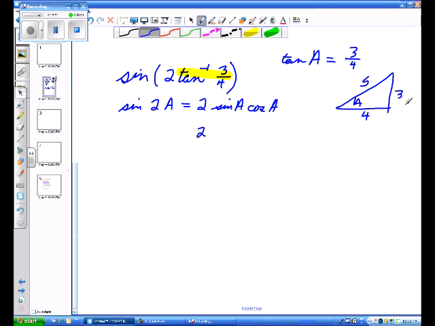So the sine of A is 3/5, and the cosine of A is 4/5. So we have 2 times 3 is 6 times 4 is 24/25. So again, this is just incorporating our functions for sums of angles or for double angles and using the idea of your arc functions.